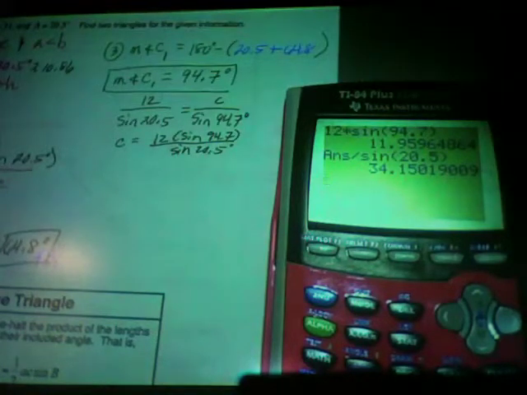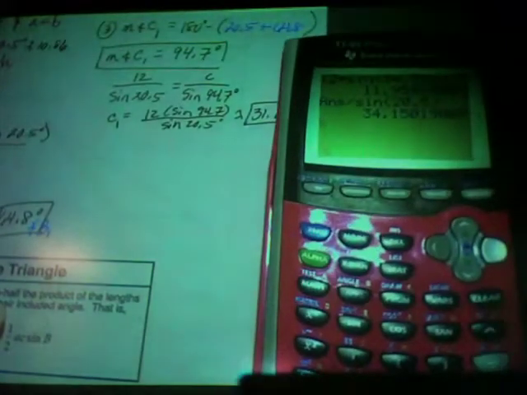$34.2 or 34.15, it doesn't matter. So that's C sub 1. Let's make that C sub 1. Did you get it?